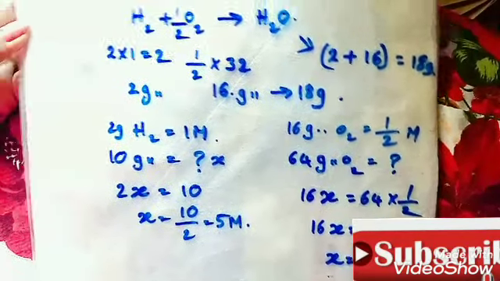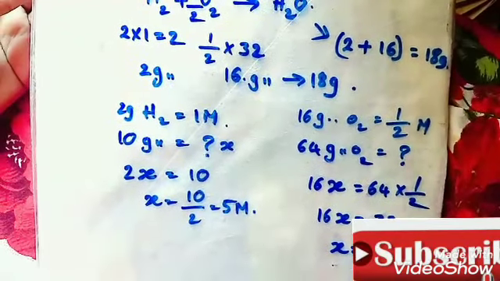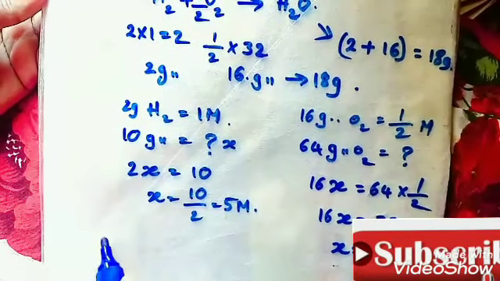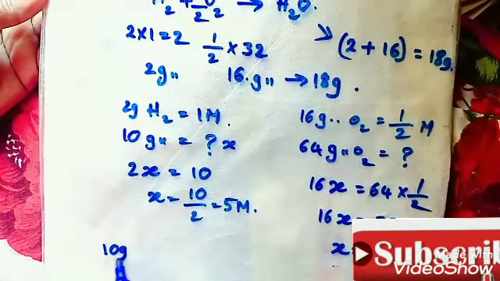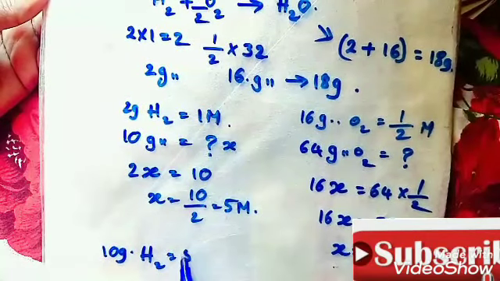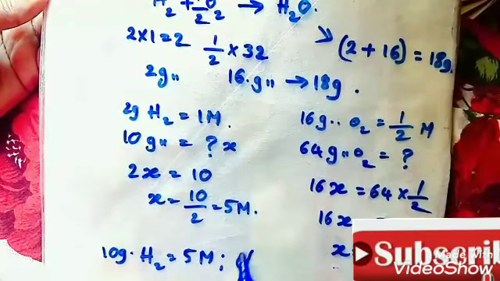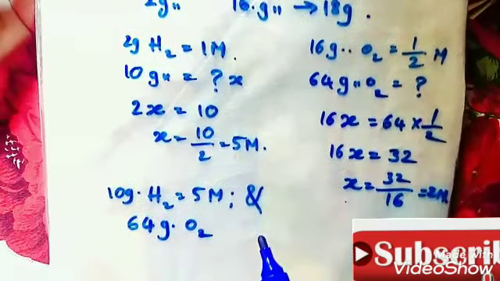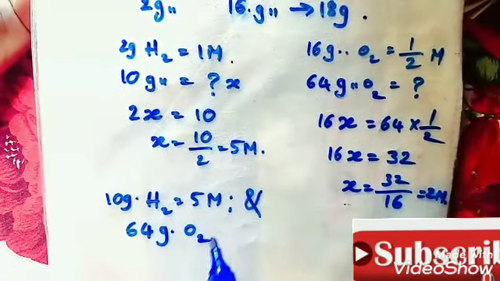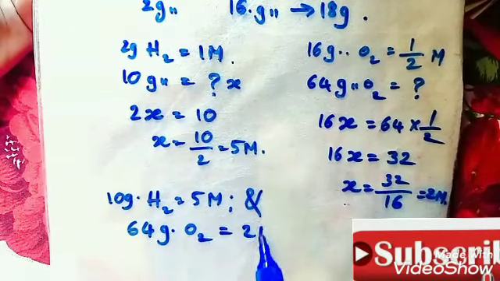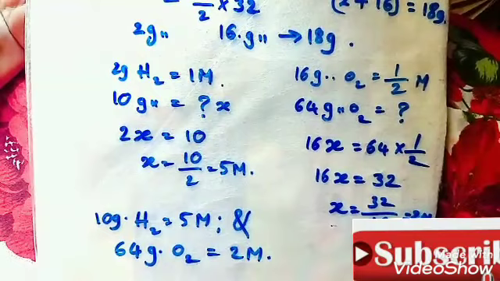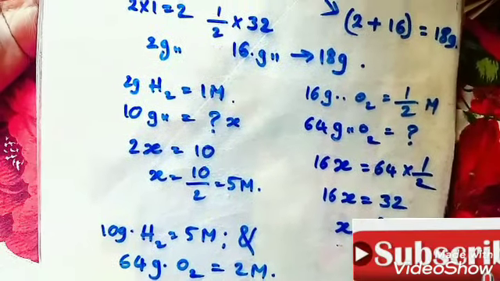Then x is equal to 32 by 16, that is 2. Students, here 10 grams of H2 is 5 moles, and 64 grams of oxygen is equal to 2 moles.